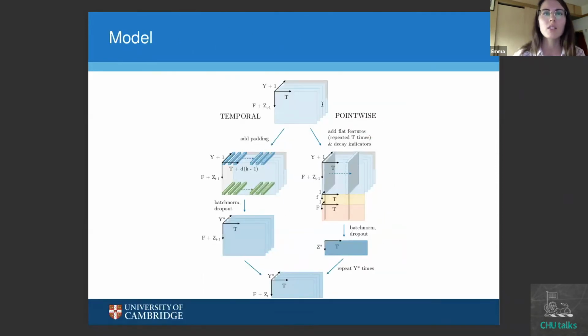Okay, so this is quite a complicated diagram of our model. We apply these temporal and pointwise convolutions in parallel. On the left, we can see that these are our temporal filters, so they're just pooling information across time. The one on the left, in blue, is pooling information from before it for a particular variable.